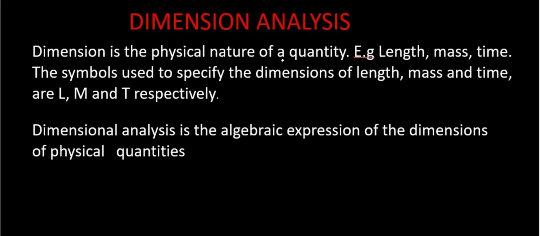That's what we call a dimension. The symbols used to specify the dimensions of length, mass, and time are L, M, and T respectively. So we'll be looking into dimensions of a quantity, which is its physical nature.